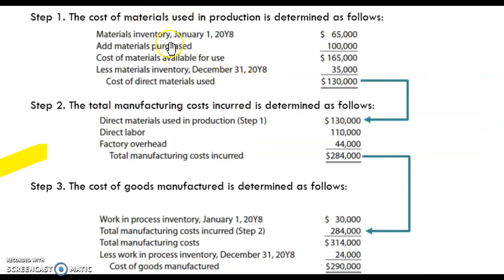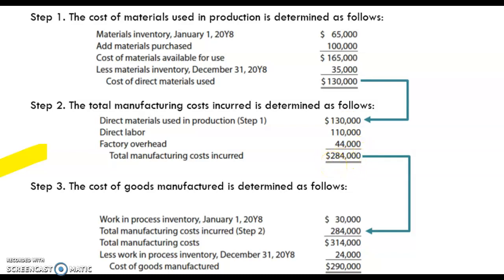So here is Legend Guitars. Here is their materials inventory plus their purchases. Gives us the cost of materials available, minus ending materials inventory. This is the cost of direct materials used. You're going to take that direct materials number and place it down here. Add that with your direct labor and your factory overhead, and that gives you your total manufacturing cost.